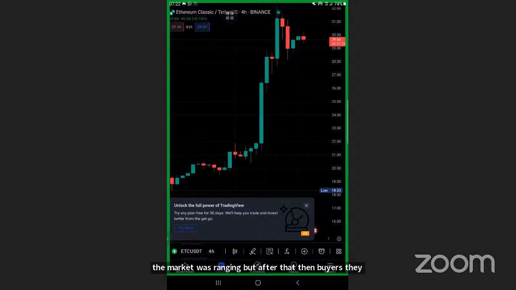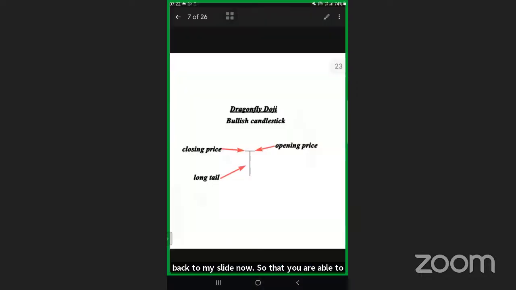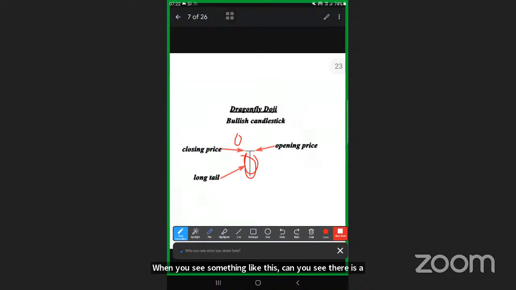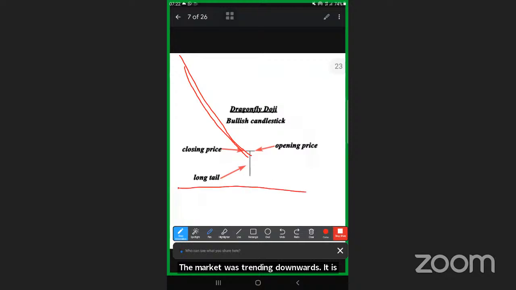So I'm saying when you see something like this, I'm going back to my slide now so that you are able to understand. When you see something like this, can you see there is a longer lower shadow or a longer lower tail? This signifies that the market was trending downwards and is reaching an area of support. Then you see something like this developing.